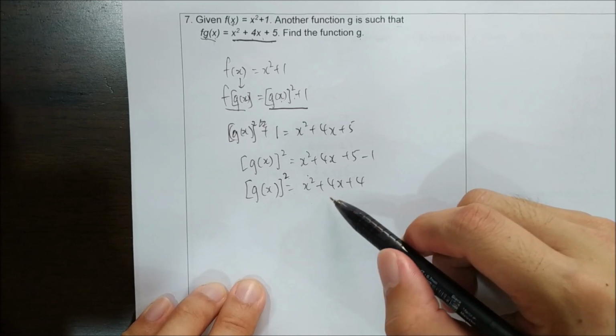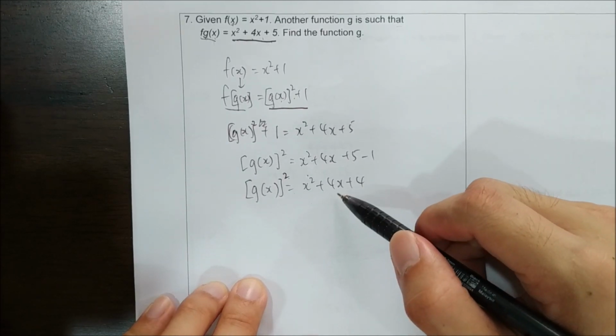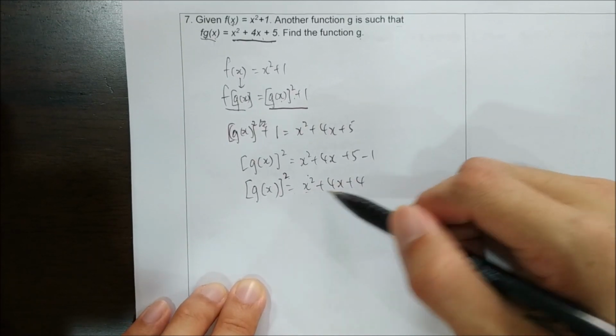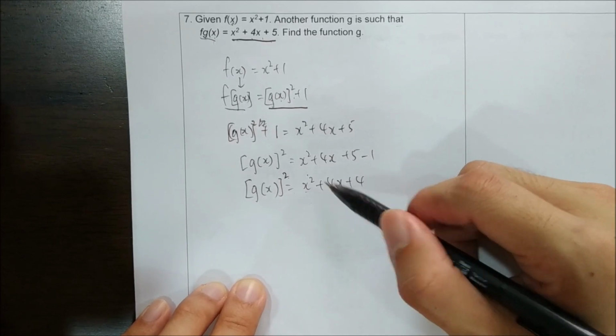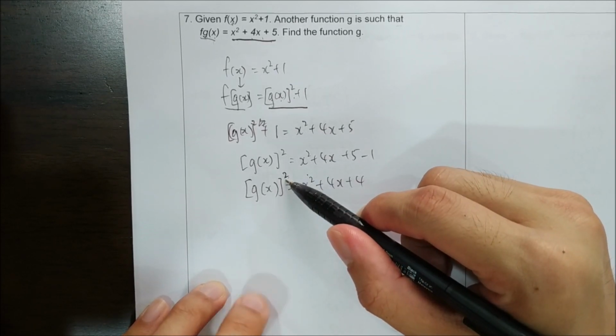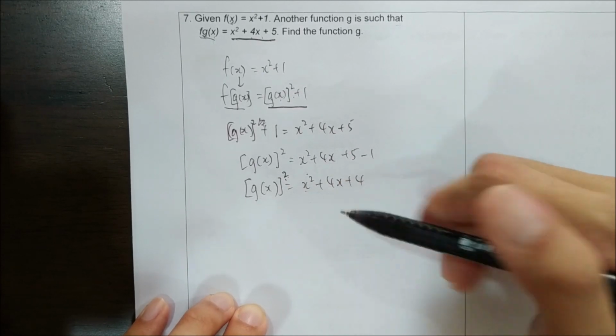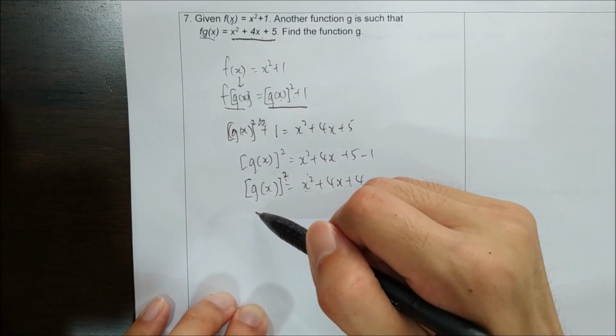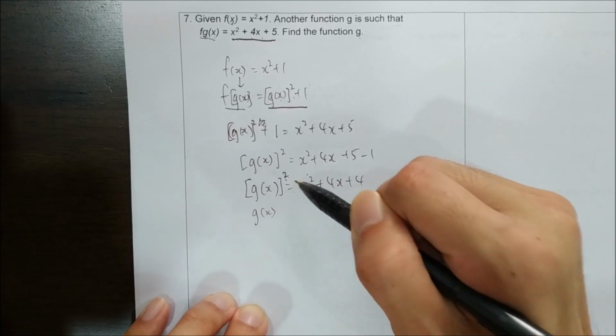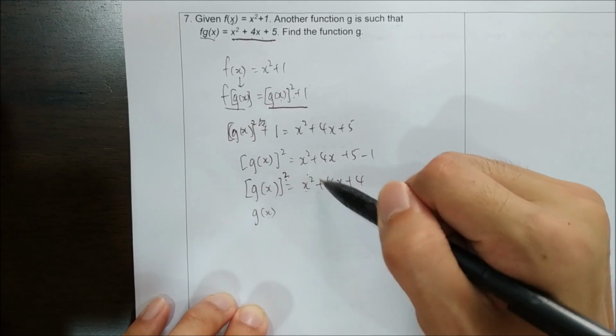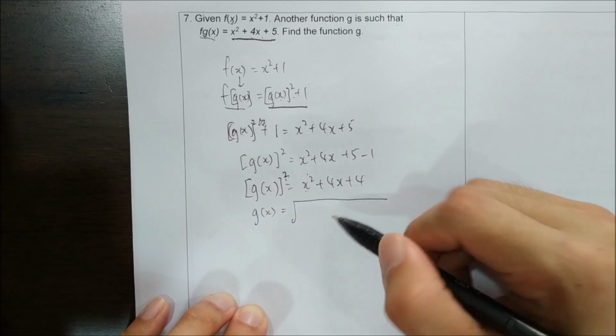So we know that there must be something here that we can make into something squared, so that we can cancel off with the square root when this square is brought to this side. If you don't understand, never mind, we just continue. I bring this square over to this side, it becomes a square root.